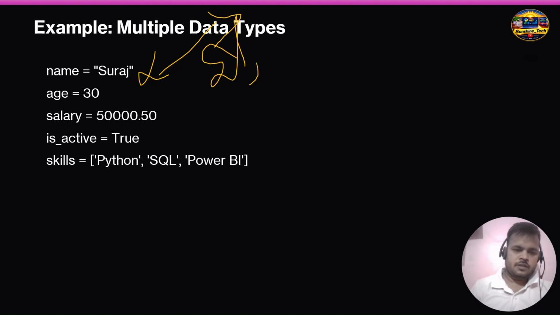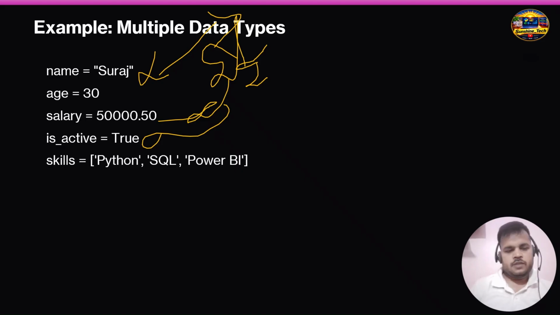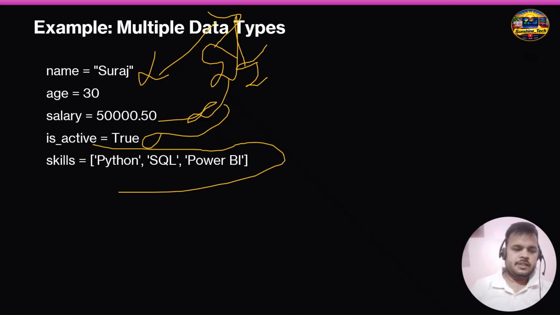We have just learned that any number which is not a percentage or a decimal is an integer number, which can be negative or positive, and also includes zero. Salary has a point, so this is the floating number. Is it true or false? That is the boolean. And this is a list. A list uses opening and closing brackets, so remember that in your mind.